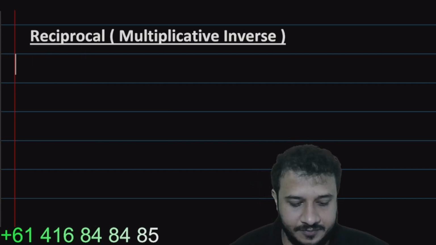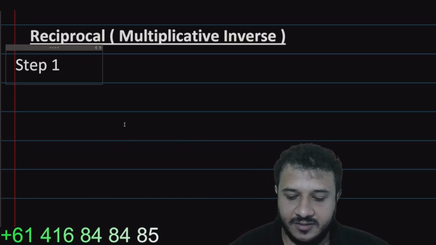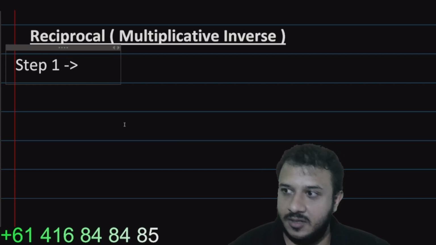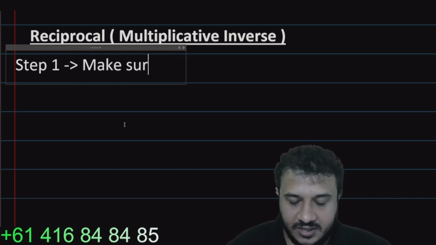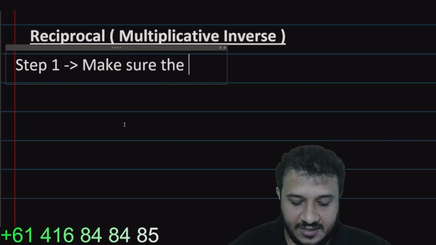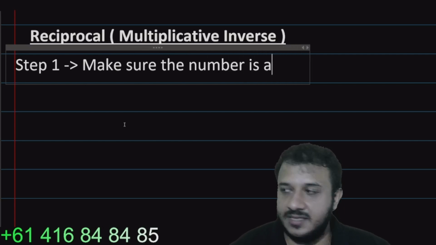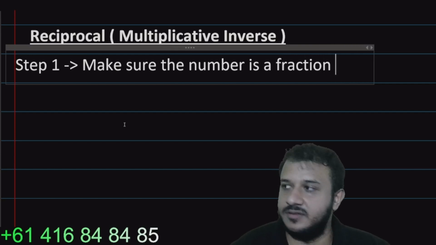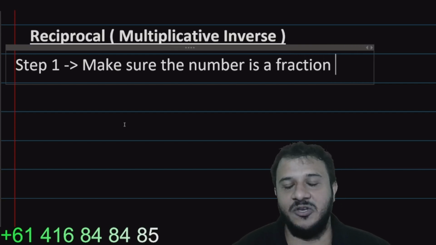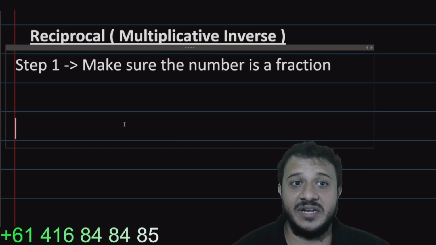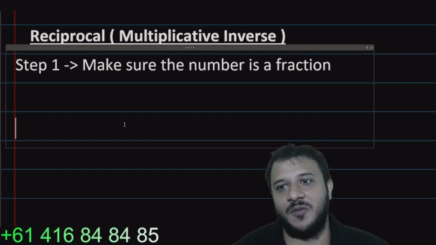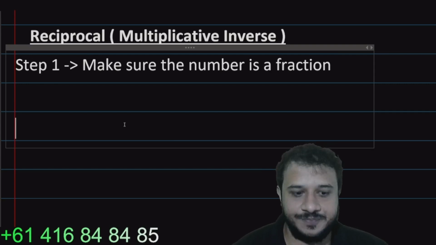First, step 1 is make sure the number is a fraction. So if it is a mixed number, make it into improper. If it is a whole number, write it over 1. If it is a proper fraction, keep it as it is, no problem.